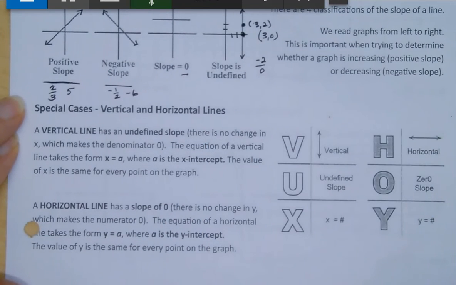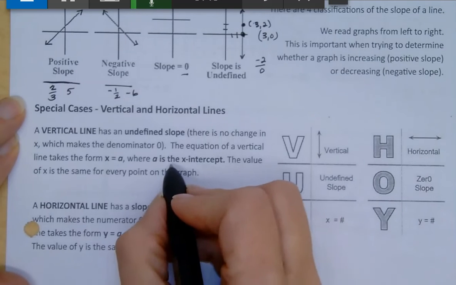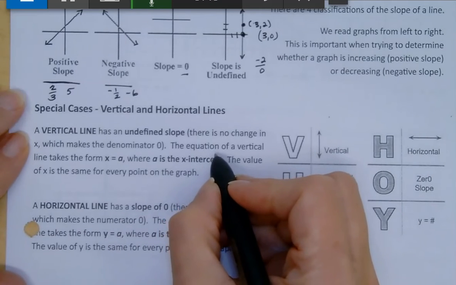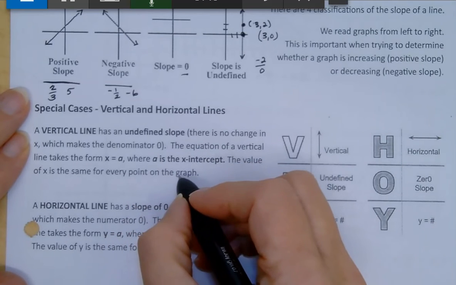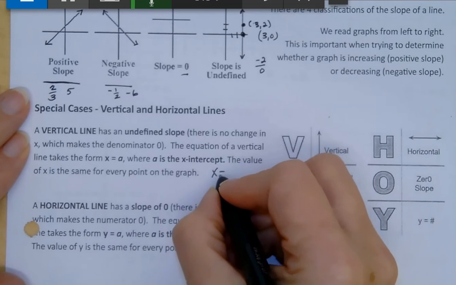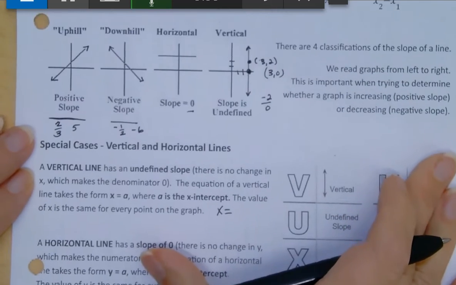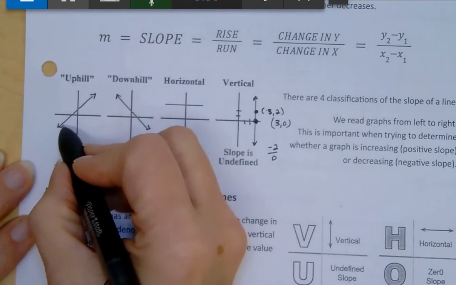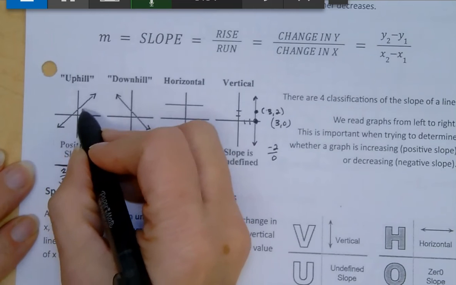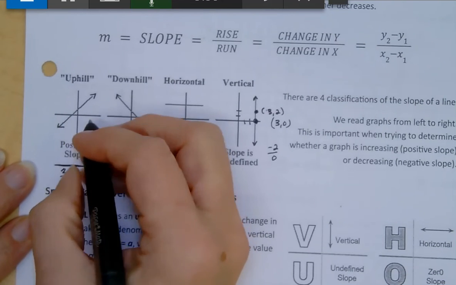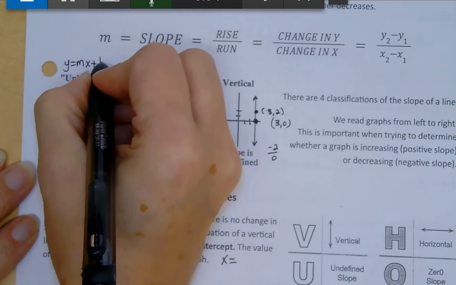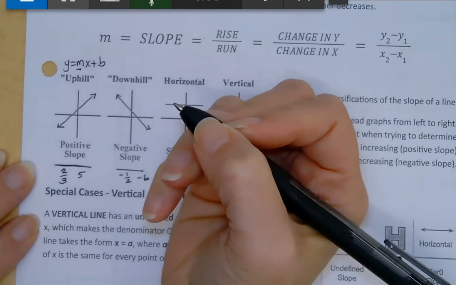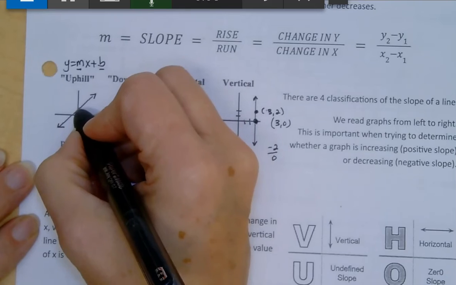All right, so if I want to write the equation of a line, in this case, we're going to say x equals some number. Remember that if I have a line with a positive slope, I could write that as y equals mx plus b, where m is the slope, and b is where I cross the y-axis.